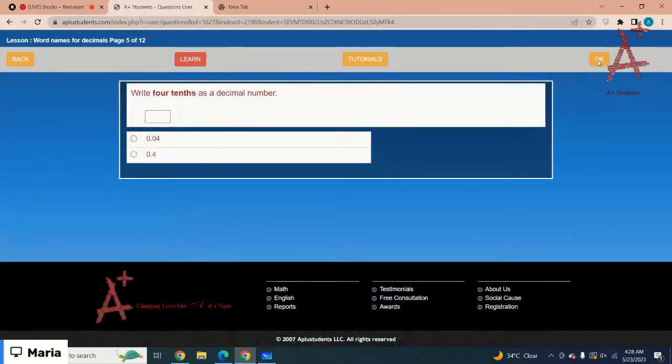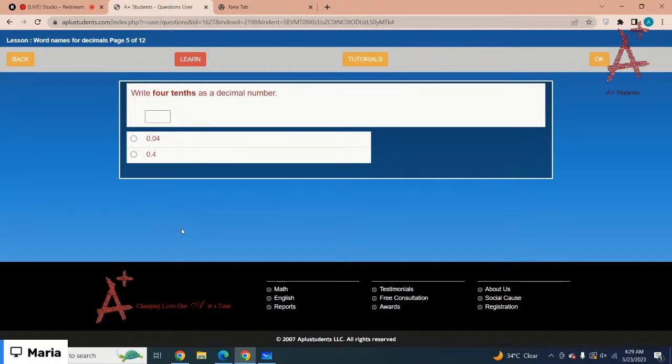Right, 4/10. So which is the correct option? Write 4/10 as a decimal.